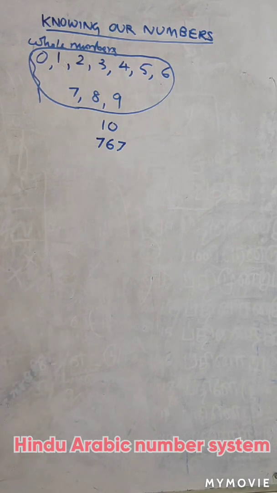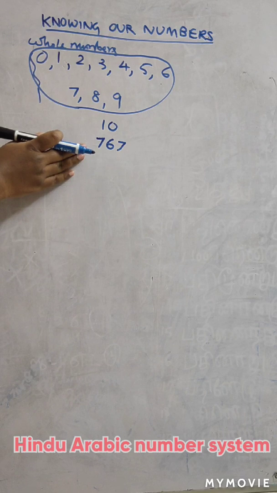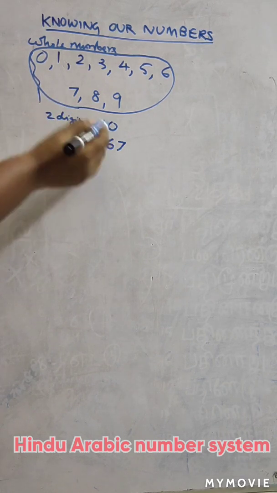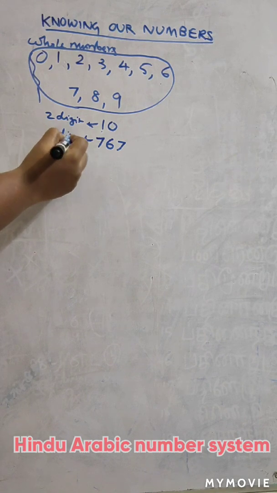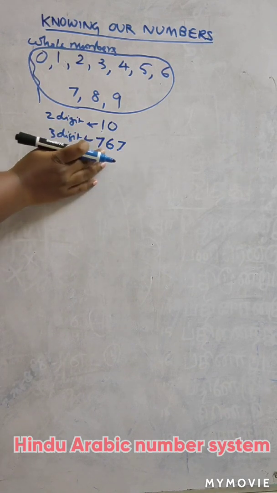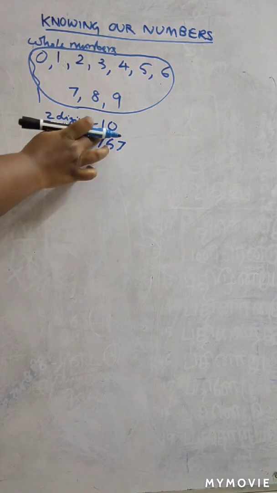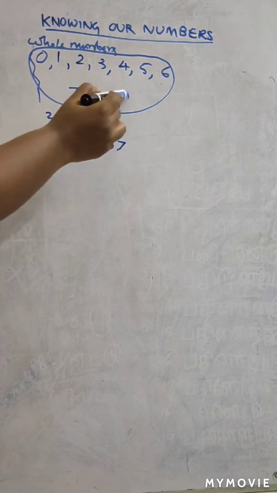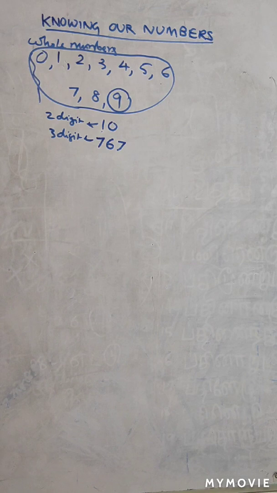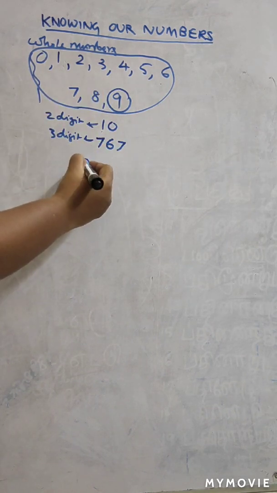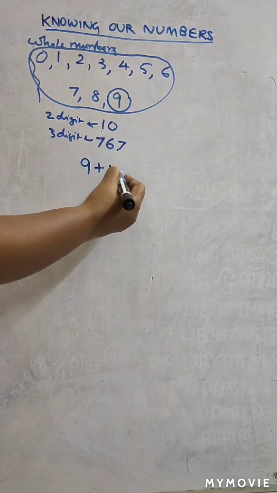Here, if you see the first number, that is 10. This is a 2-digit number because I have taken 2 digits to form the number. The second one is a 3-digit number. Similarly, you can form any number of digits out of the given combination of the 10 digits. So 9 is the largest single digit number. How do I get the next number after 9? I have to add 1.